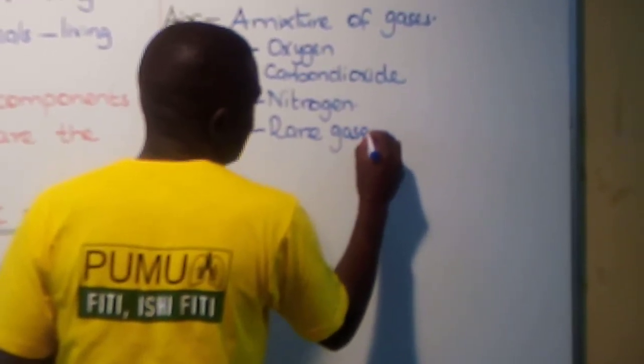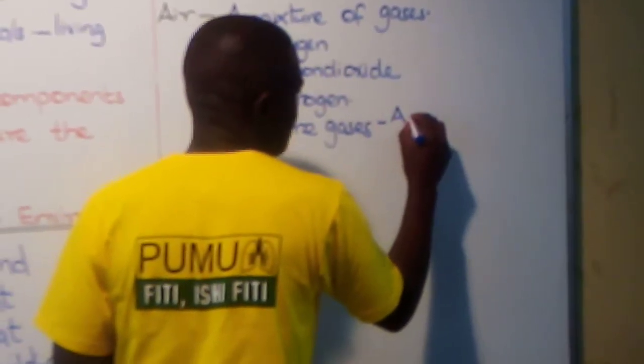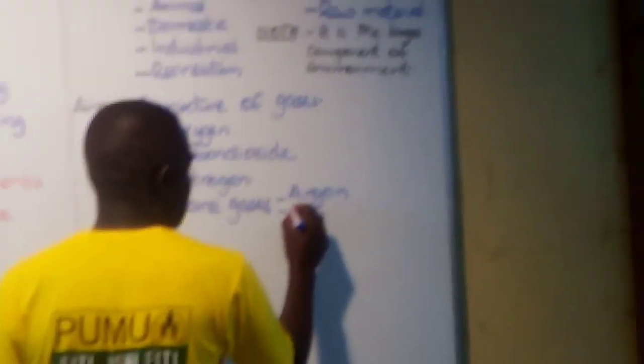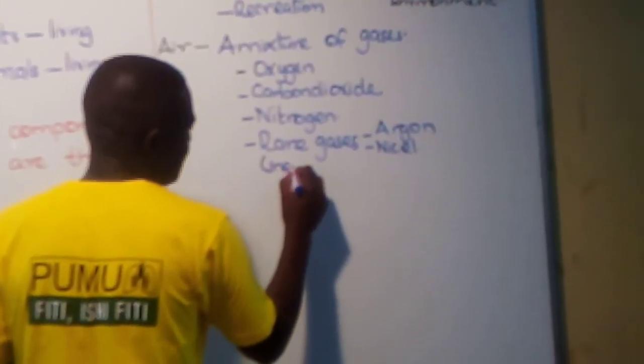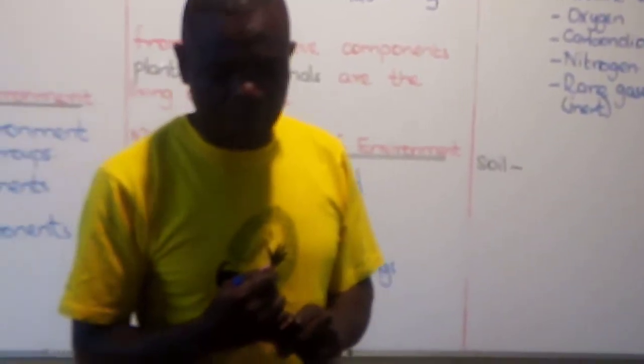The rare gases may include argon, neon. I hope that is the right spelling. These rare gases are also called inert gases. Those are examples of gases that make up air.